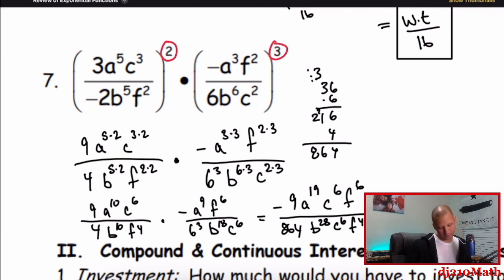Okay, then top minus bottom where applicable. So there's a C6 on top and C6 in the bottom, so that's going to cancel. And then 6 minus 4 is 2. So final answer.